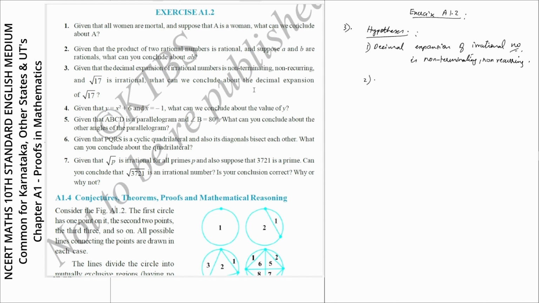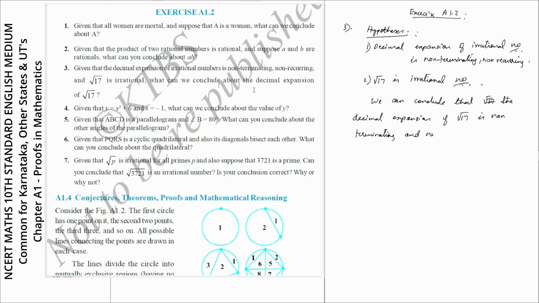And the second hypothesis is root 17 is irrational number. So we can conclude that the decimal expansion of root 17 is non-terminating and non-recurring.